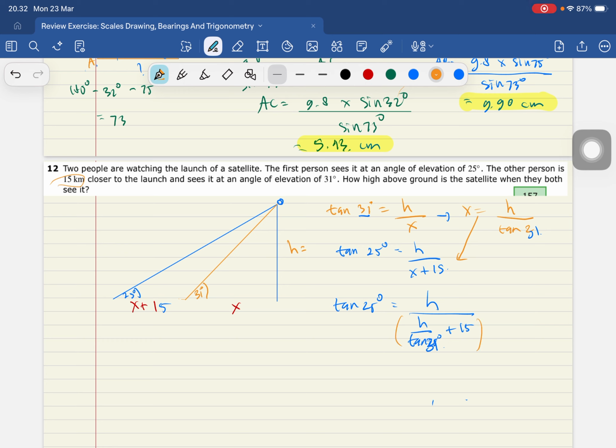Okay, let us rearrange it to make it only h. So on both sides we multiply by h divided by tan 31 plus 15.